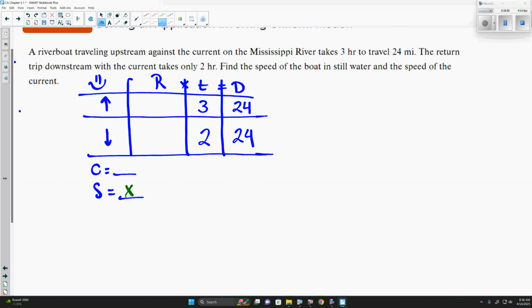Now they didn't tell us the speed, and they didn't tell us the current. We could leave it as S and C, or we can call it x and y. It really doesn't make a big difference. Because if we're going upstream, we're going against the current. And if we're going downstream, we're going with the current.